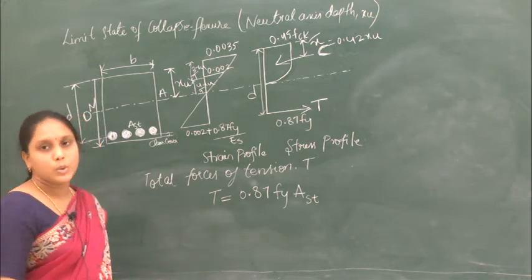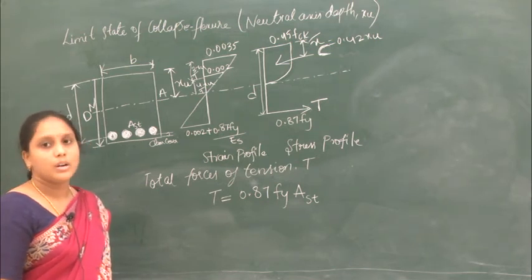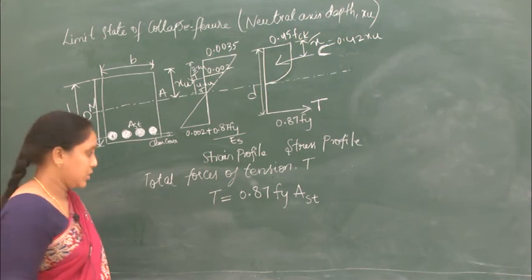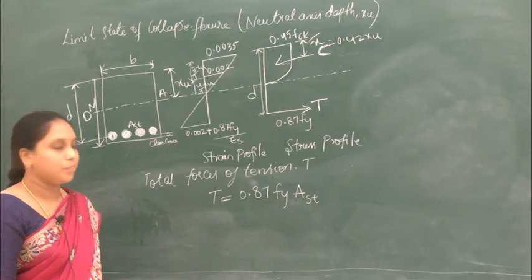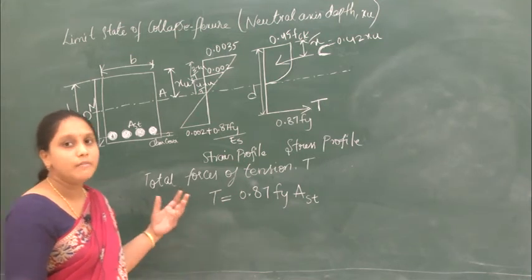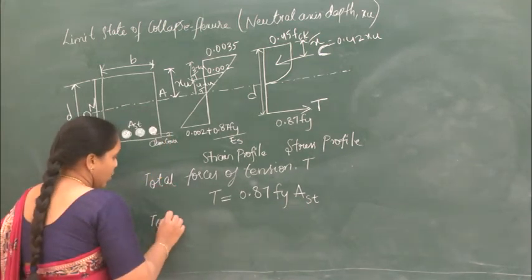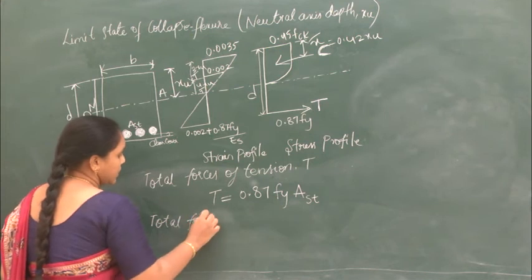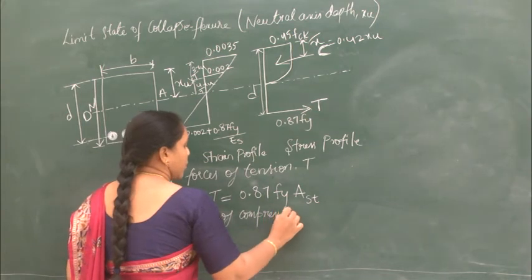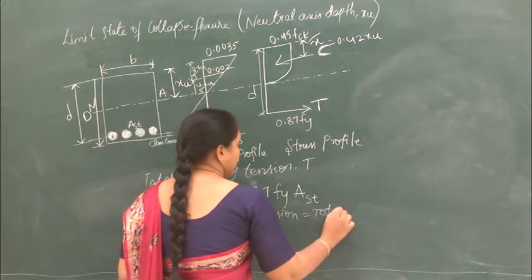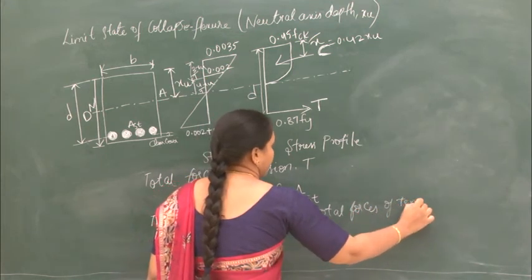So now we have calculated the total force of compression and also the total force of tension. For calculating the neutral axis depth, we take into consideration the equilibrium: the total force of compression will be equal to the total force of tension.